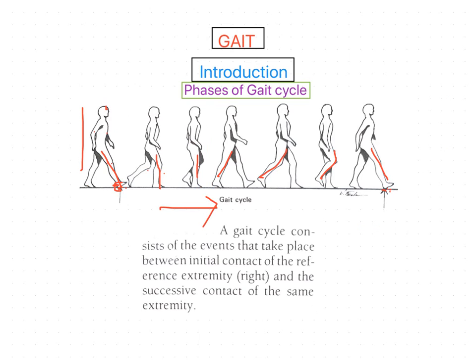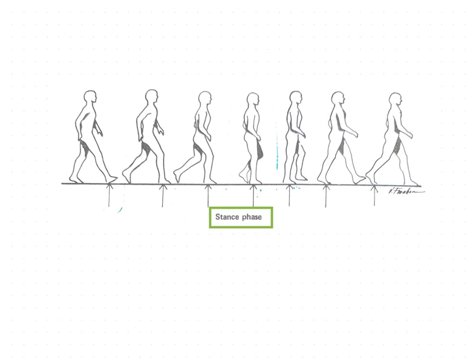During one gait cycle, each extremity passes through 2 phases: one is the stance phase and the other is the swing phase. Now we will look at the stance phase. The stance phase begins at the instant that one extremity contacts the ground. Here again we take the right.